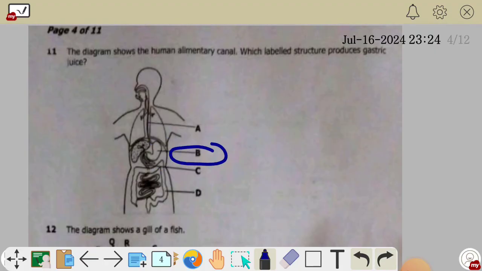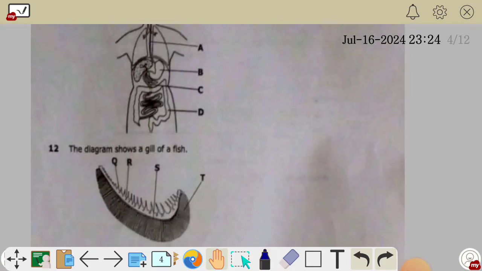So in this case, the correct answer is B. The pancreas produces what we call pancreatic juice, and the small intestine produces what we call intestinal fluid. But the stomach produces gastric juice. So the correct answer for question 11 is B.